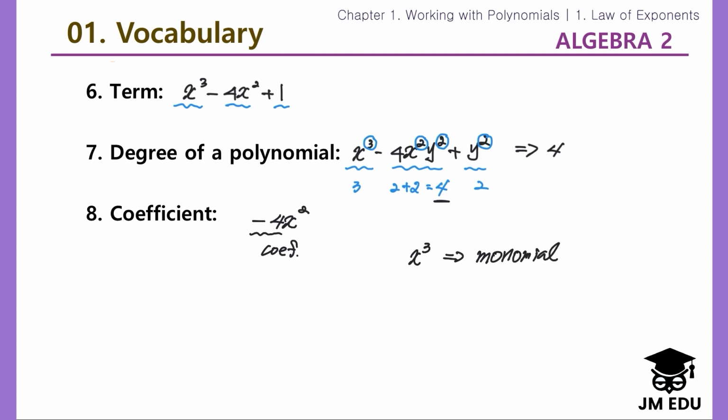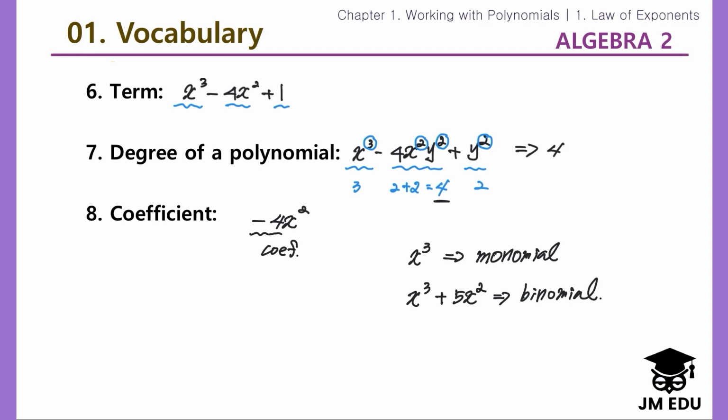Let's say we have 2 terms, x cubed plus 5x squared. This is just a polynomial with 2 terms. Specifically, we call this a binomial. Bi means 2, right?